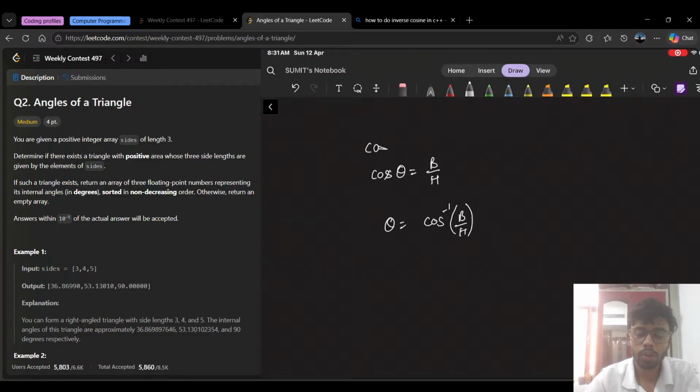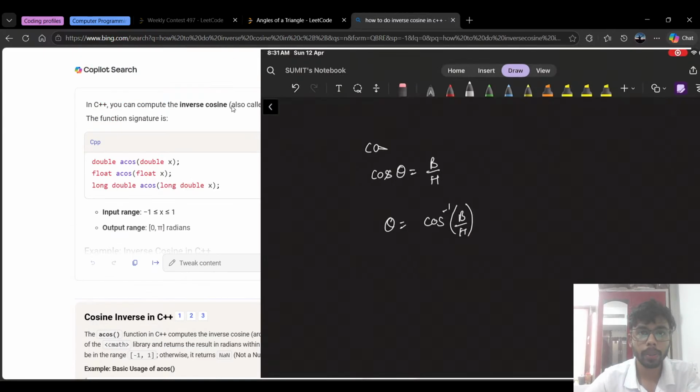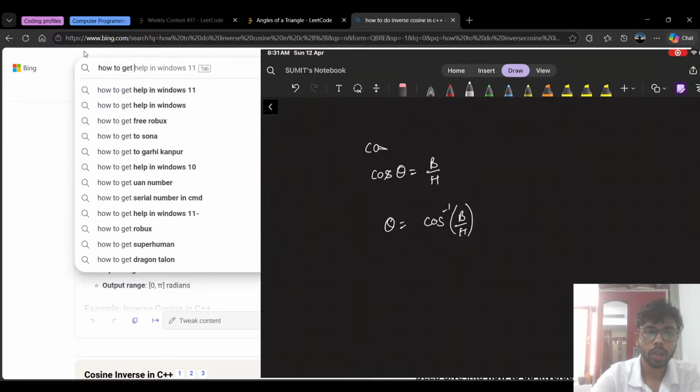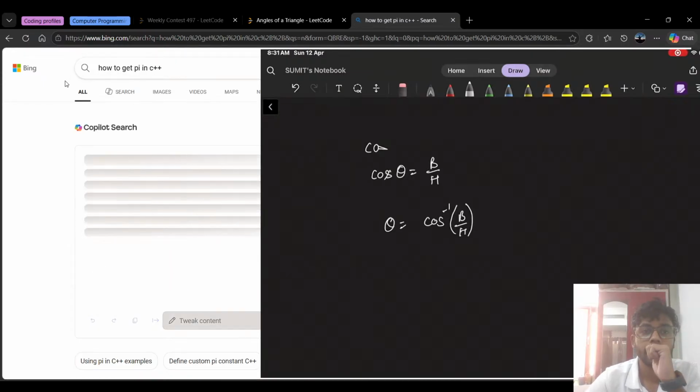So I just need to convert it into degrees. How to get pi in C++? M_PI, if I'm not wrong.